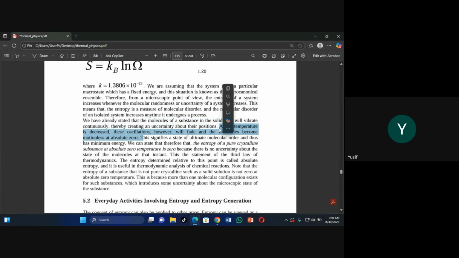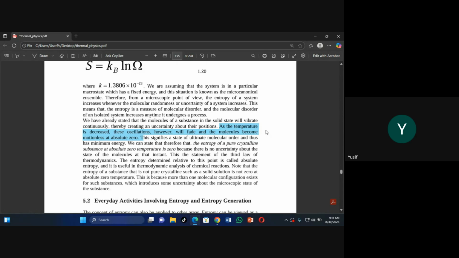If you have a solid and we heat the solid, we are trying to create vibrations for the molecules. And if that happens, the certainty for you to locate a molecule becomes quite difficult.